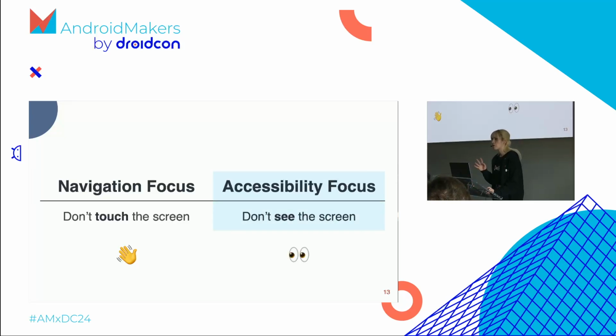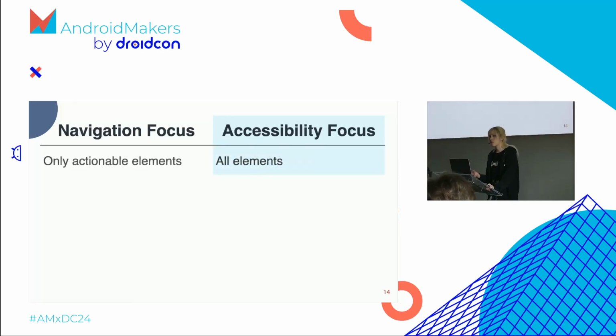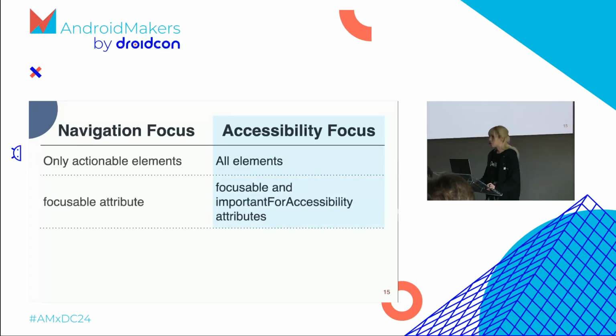So if you swap this around, that means that when you're using the navigation focus, you can actually see the screen. So you don't need as much information as you would need with accessibility focus, because you can already read the text, see the images, or understand the layout. So you only care about being able to do the usual actions, like tapping buttons. So in coding, that means you won't look at the same attributes.